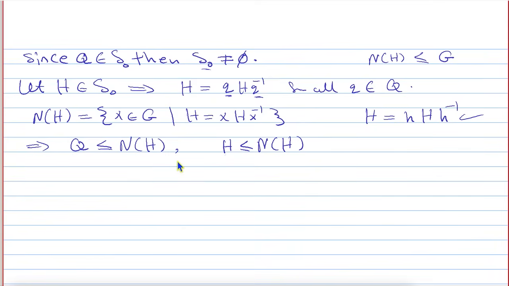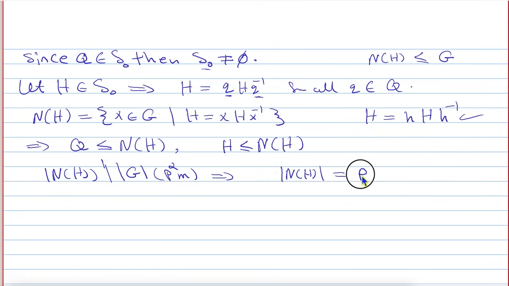So both Q and H are subgroups of the normalizer, but the order of the normalizer of H divides the order of G, which is b to power alpha times m, and this implies that the order of the normalizer of H is in the form b to power j times t, some natural number t, in order to divide this.